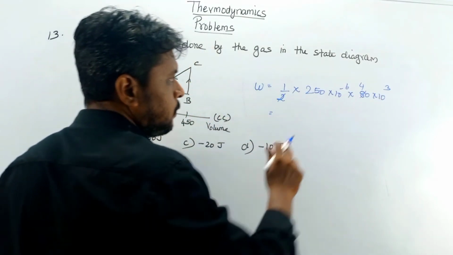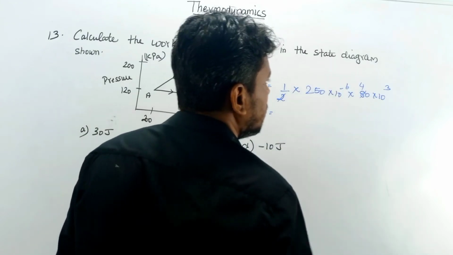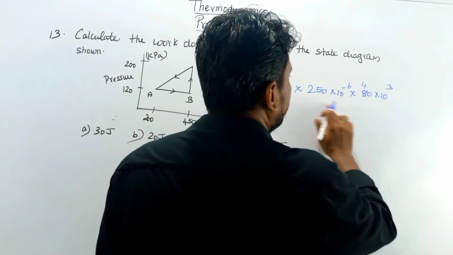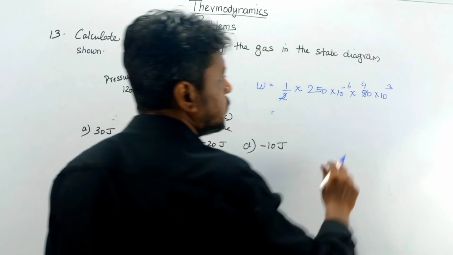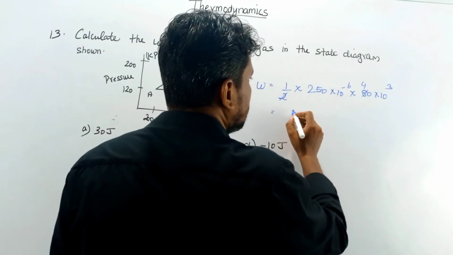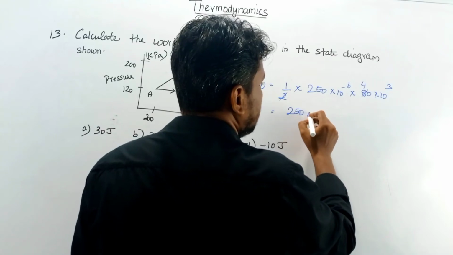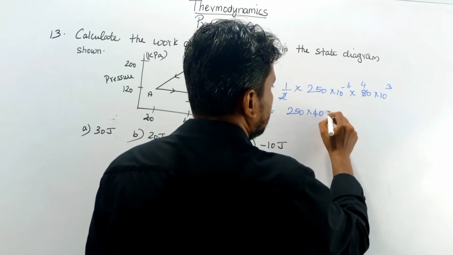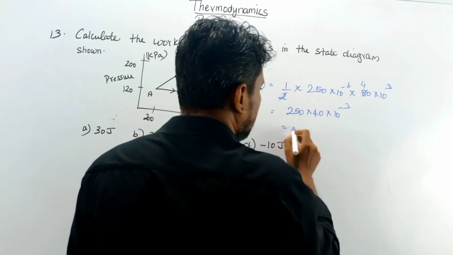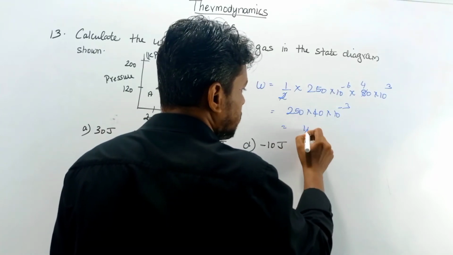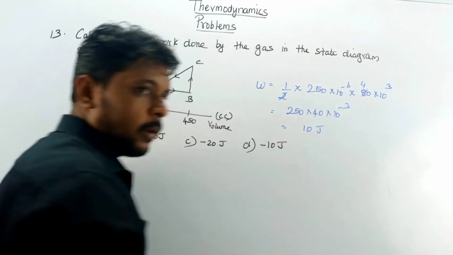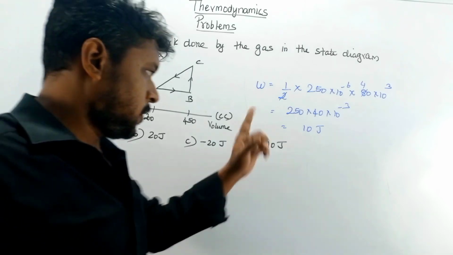So 250 into 10 power minus 6 into 40 into 10 power 3, which is 250 into 40 into 10 power minus 3. When you do the calculation you will get 10 joules.